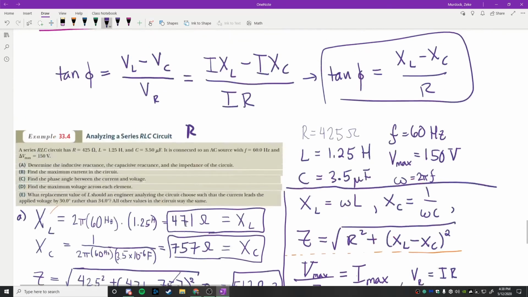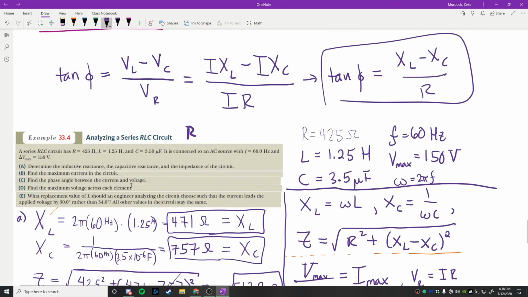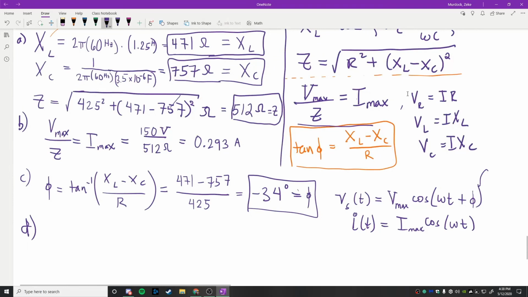Okay. Part D, find the maximum voltage across each element. That's basically performing this operation right here. So for the maximum voltage across the inductor, we'd take this one and then plug in the numbers. We've already calculated what I is, right? We want now the maximum values. Why is it not deselecting that?